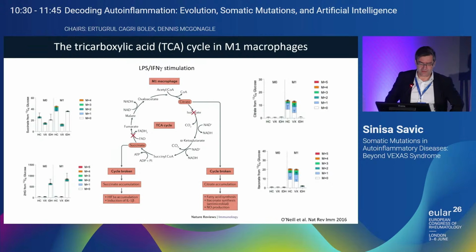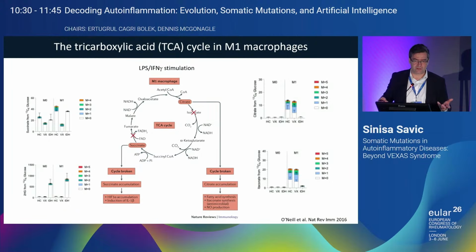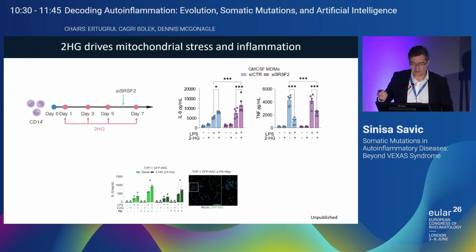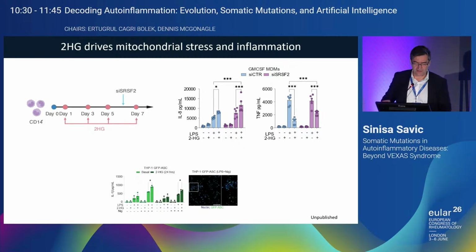In addition, obviously, these IDH patients make this oncometabolite, 2-hydroxyglutarate, and we were wondering, does that actually do anything on its own rather than just being an oncometabolite? This is an experiment, again done by Sam, where he added the oncometabolite to healthy control monocytes, which he differentiated into two types of macrophages. In essence, it shows that the oncometabolite, together with LPS, potentiates your normal response to LPS.